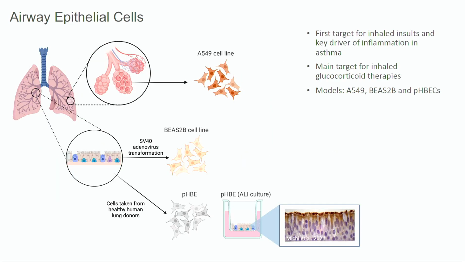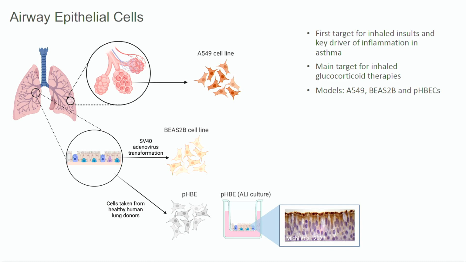So, as discussed, airway epithelial cells are very important for asthma. They're the first target for inhaled insults, and they're a key driver of inflammation in asthma. So that's where I'm going to be looking into the expression. I will be using the models of A549 cells, BEAS-2B cells, and primary human bronchial epithelial cells, grown in both submersion culture, just like our cell lines, but also at air-liquid interface.